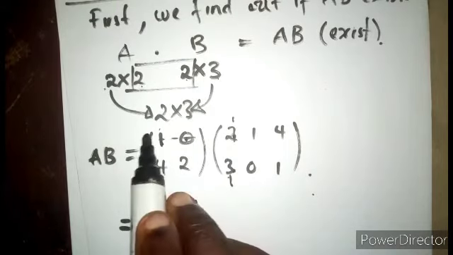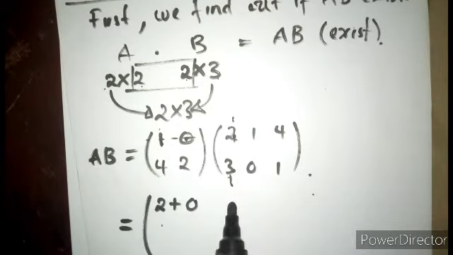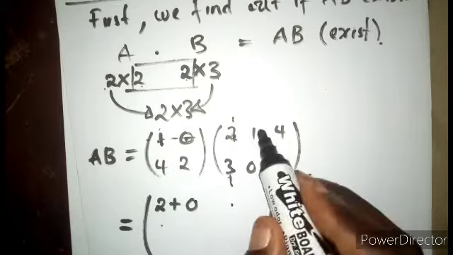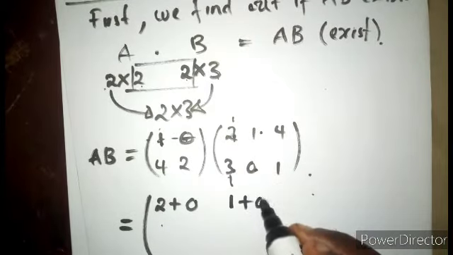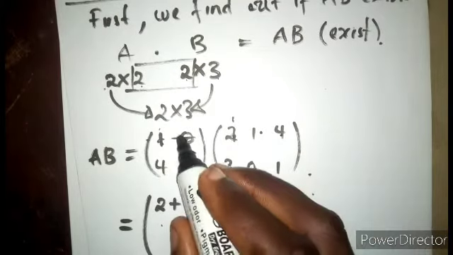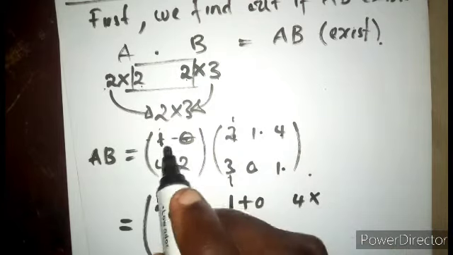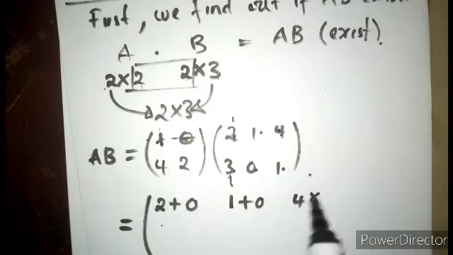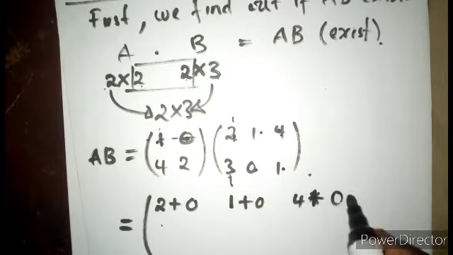Okay, we use the same row and multiply this, and that will be coming in here. So that's 1 times 1 is 1, 0 times 0 is what? 0. 1 times 4 is 4, plus 0 times 1 is 0.